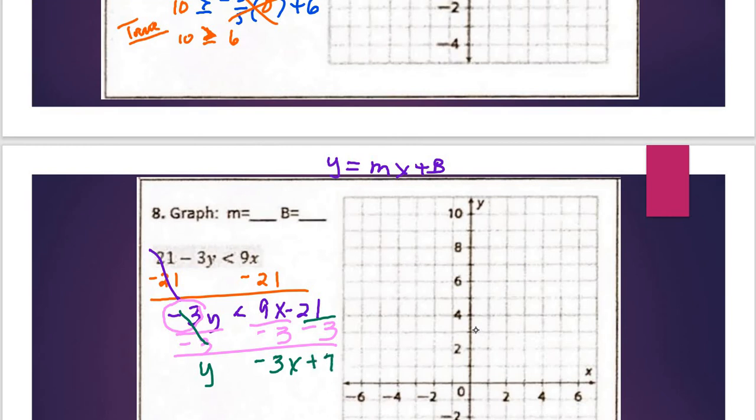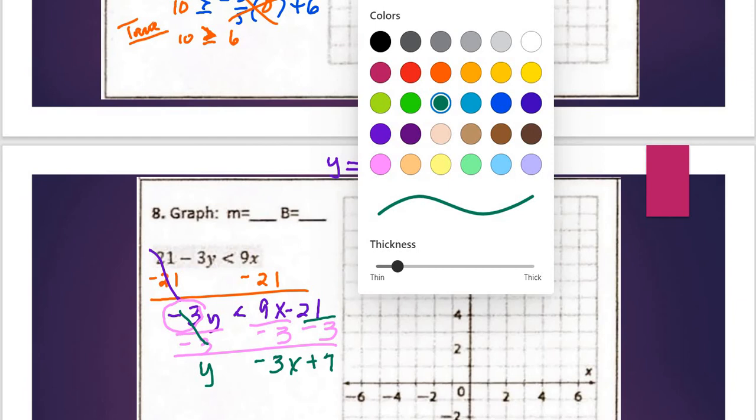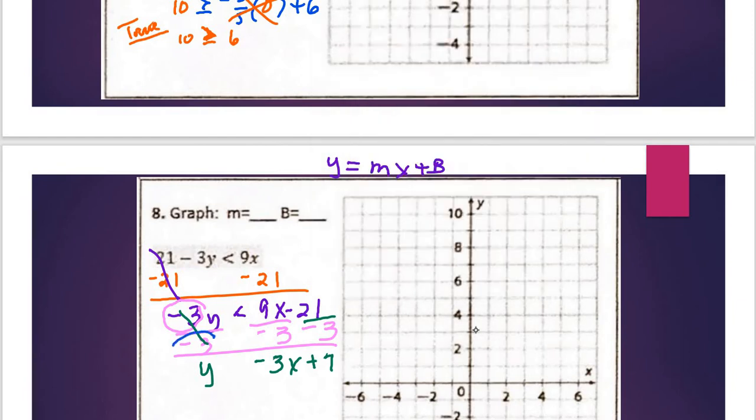Before I write down anything, I'm going to ask myself this question. Did I multiply or divide both sides by a negative number? And I look across there and I see a negative. If the answer is yes, then you're going to flip the inequality symbol. So now my slope is a negative 3 over 1. My y-intercept is at 0, 7.